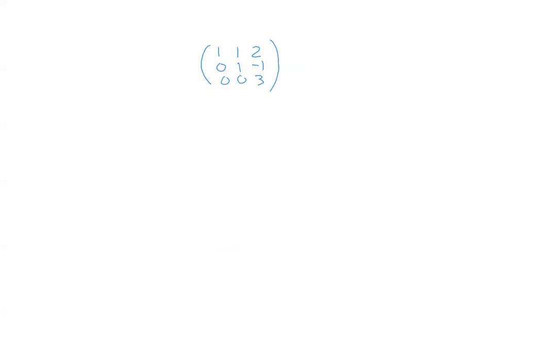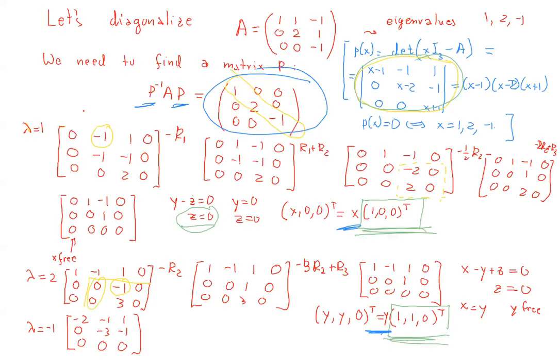That's P. Then in the middle, we should have our matrix, which was 1, 2, -1, then 1, -1, 1, 0, 0, 0. Let's see if I remember this correctly. Yes, that's right.